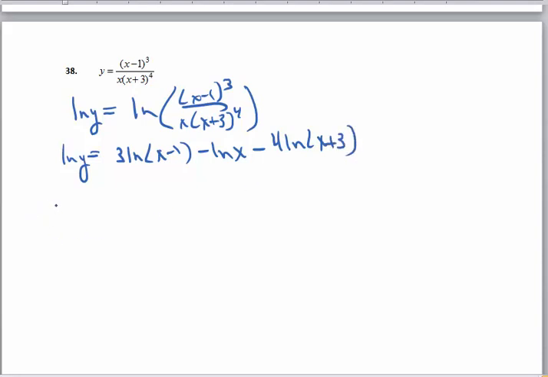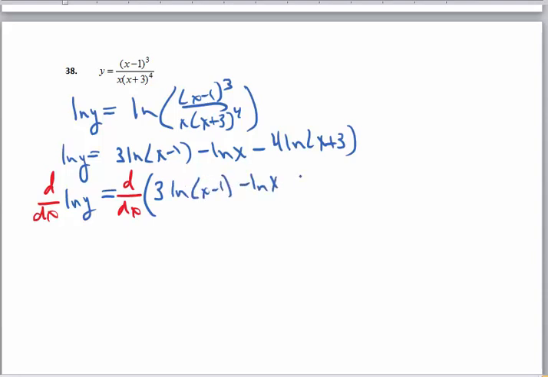And now I will take the derivative of both sides of this equation, right? The derivative with respect to x. So remember, on the left side I'm going to have to use implicit differentiation.